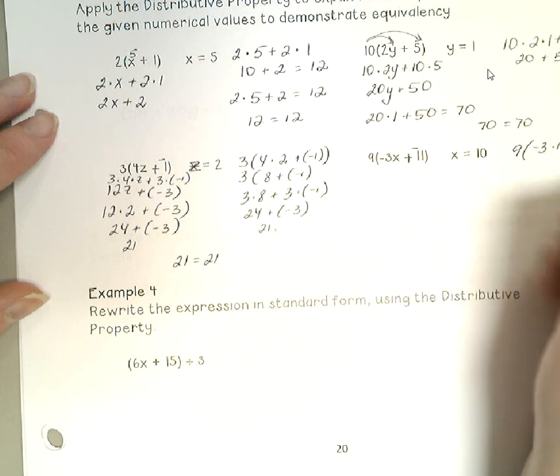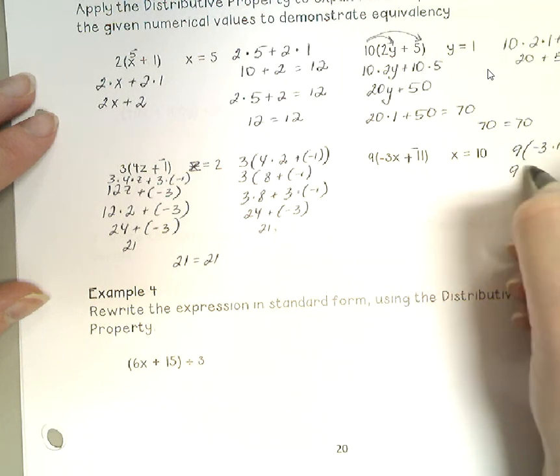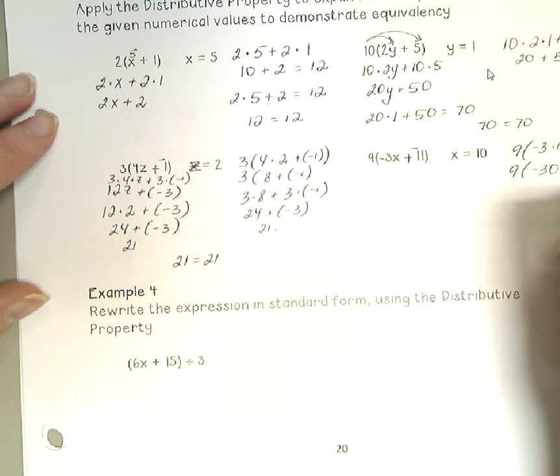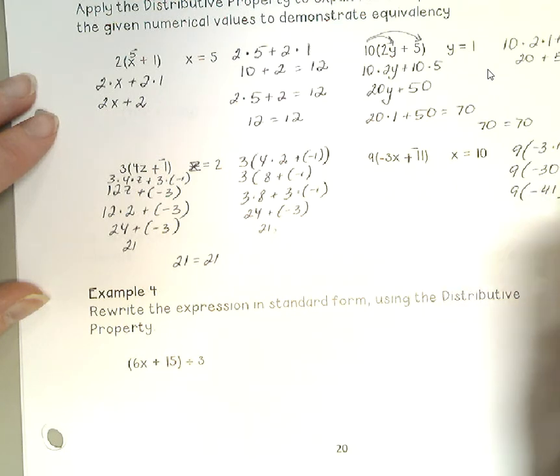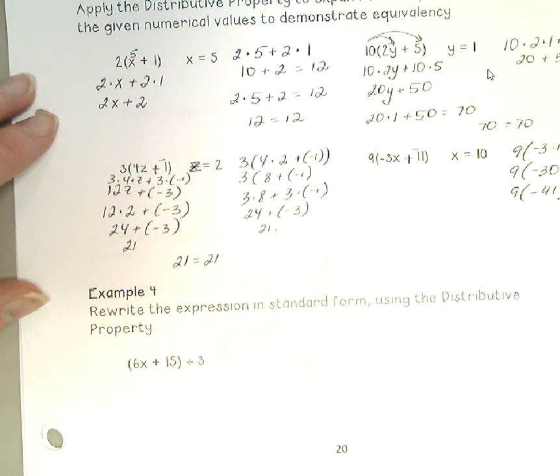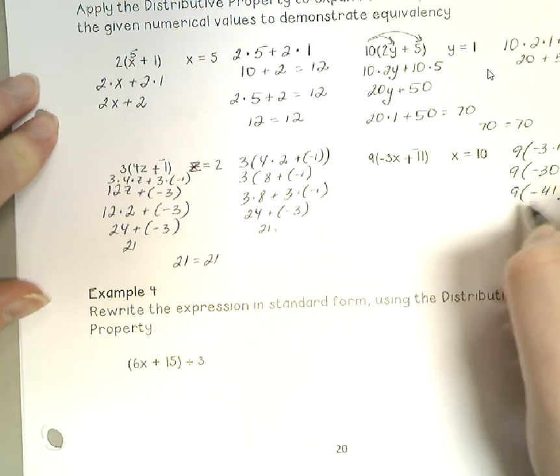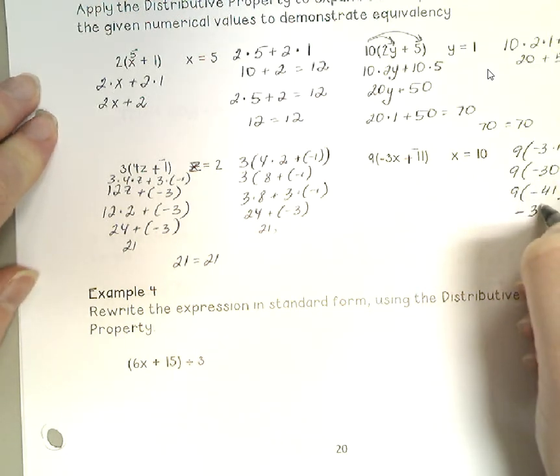Now let's simplify what is in parentheses. 9 times negative 30 plus negative 11. Negative 30 plus negative 11, I can do whatever is in parentheses first. 9 groups of negative 41. And then I will multiply 9 by negative 41, and I will get negative 369.